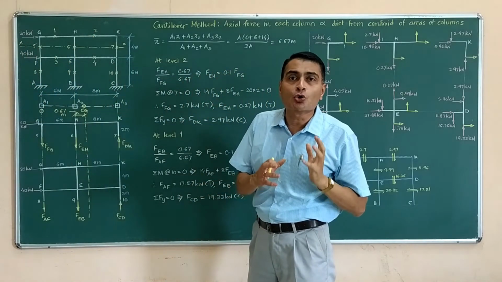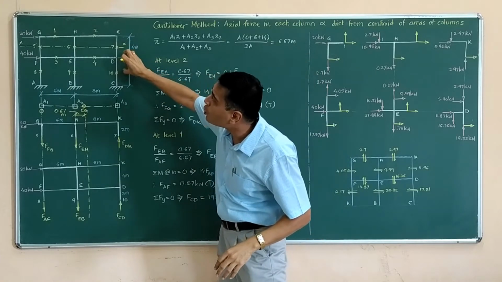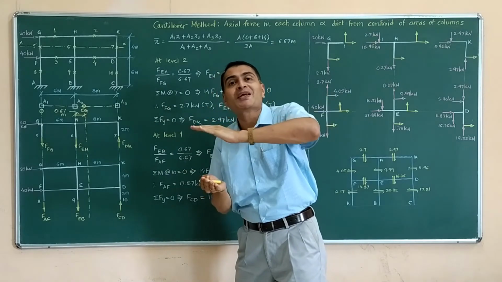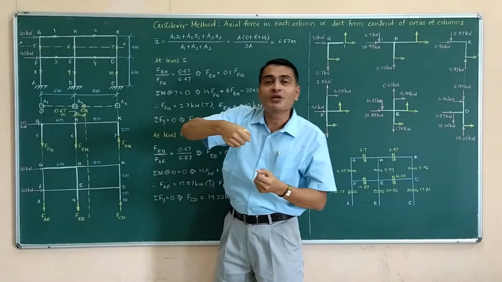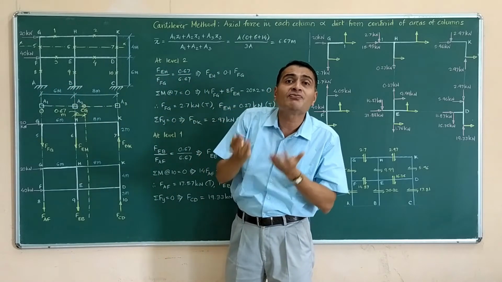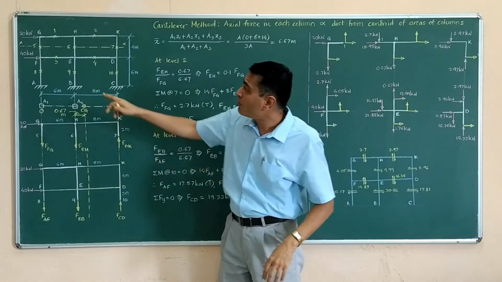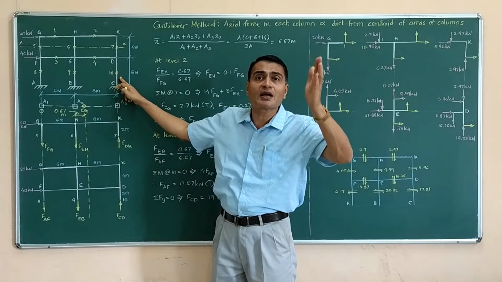So it's a good guess that members on the right side will undergo compression because they will have that pressure action, whereas members on the left side will have a lifting action, uplifting action. They should be in tension. This is in tension, this is in compression, that is fairly understood.